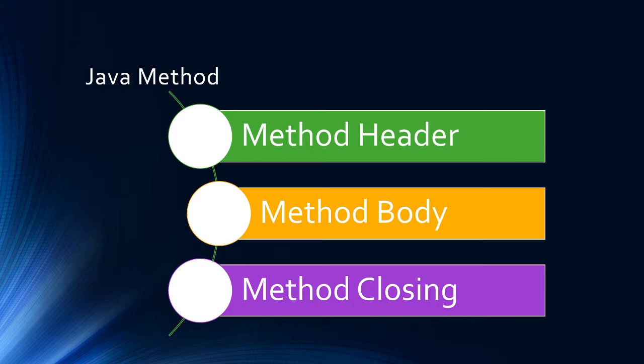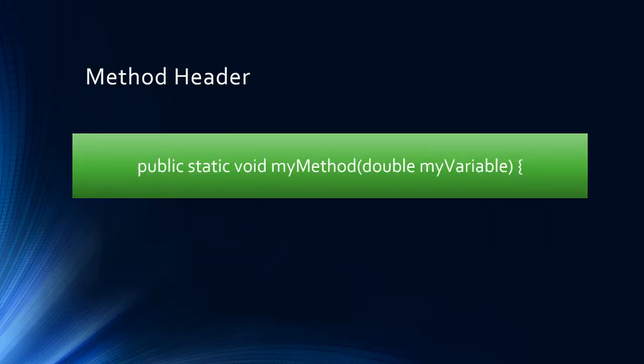So with the Java method, we are going to code, first of all, a method header, and then we'll include a method body, and then the method closing. The method header starts with the modifier, the access modifier, which we've seen as public or private.